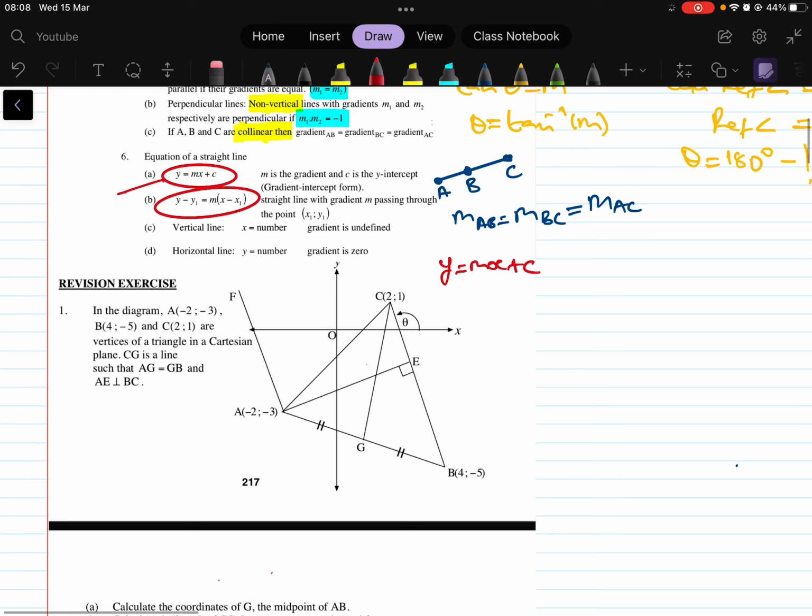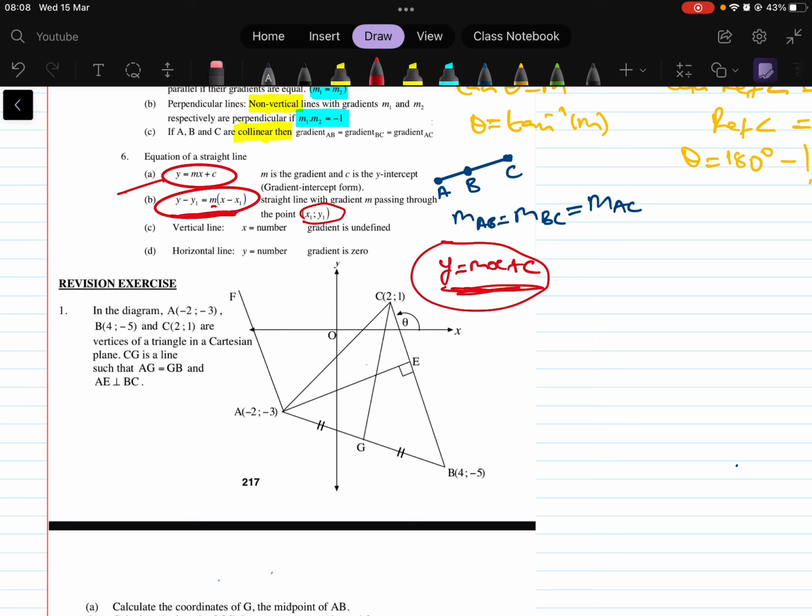However, sometimes it's easier to use the second one, because maybe you have a given point on the straight line as well as its gradient. So you can substitute there and work it backwards to come back to the standard form. Ultimately, just leave it in the standard form.